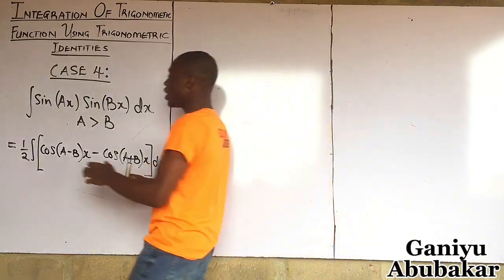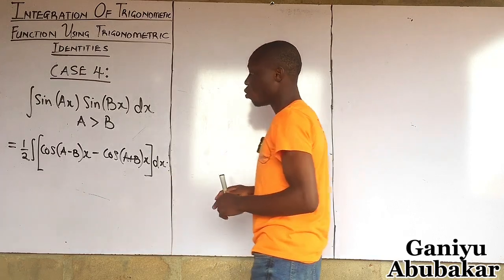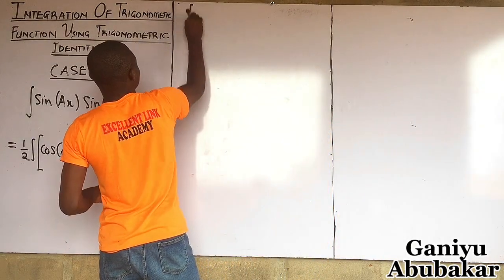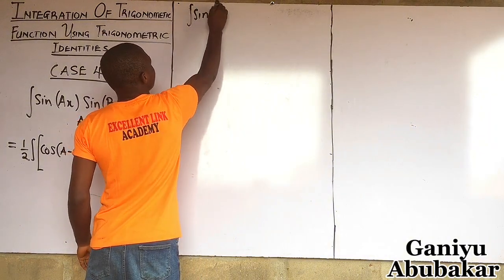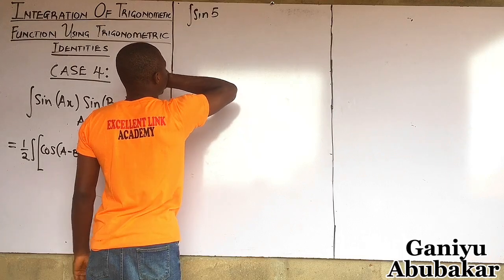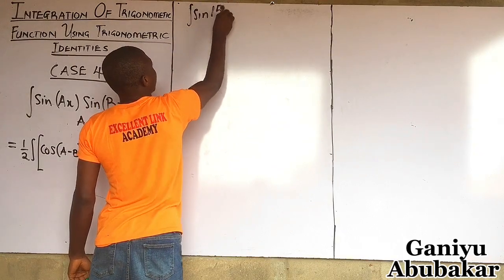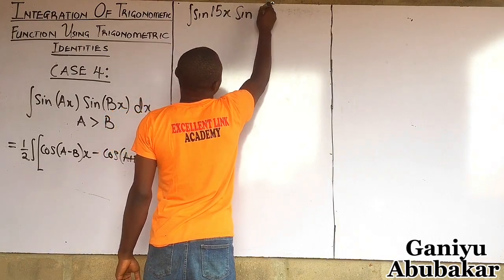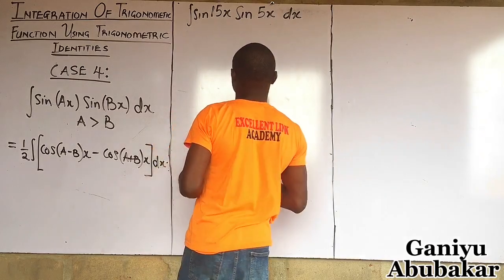All right, let's use this concept to solve some examples and see how it works. Example 1: let's say I'm asked to evaluate the integral of sine 15x sine 5x with respect to x.